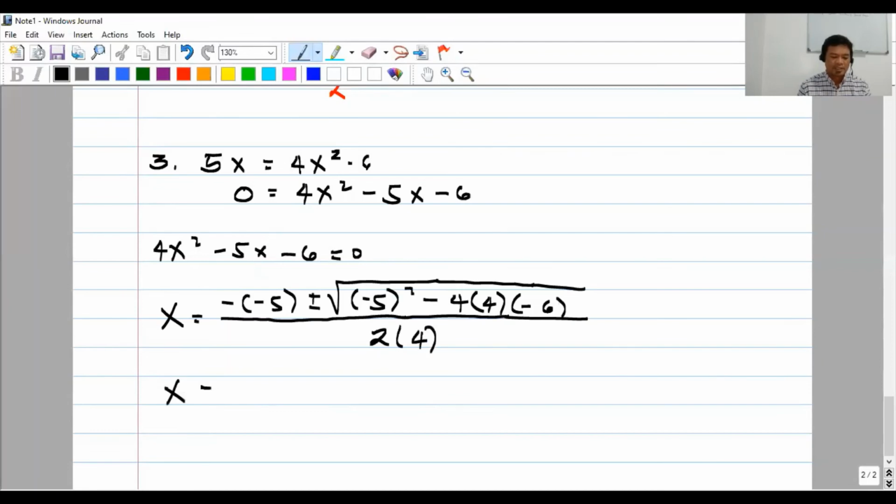And x is equal to, okay, this is positive 5. Negative of negative 5 is positive 5, plus minus the square root of 25, plus, okay, 4 times 4 is 16, times 6 is 96. That is positive. So we have plus 96 all over 8.